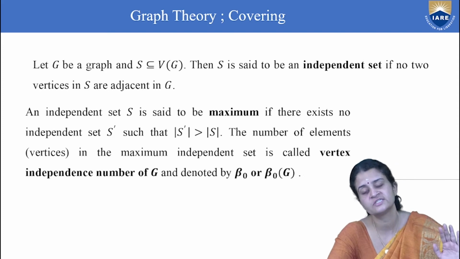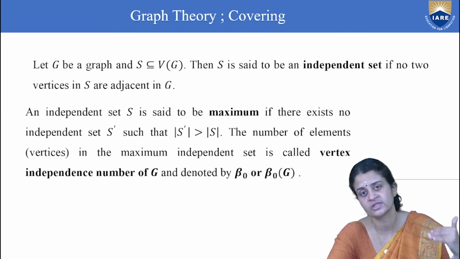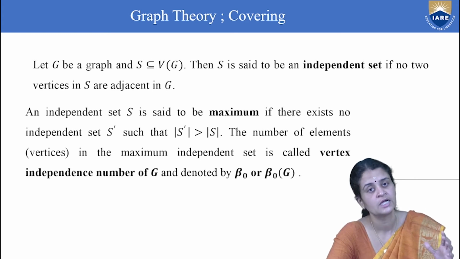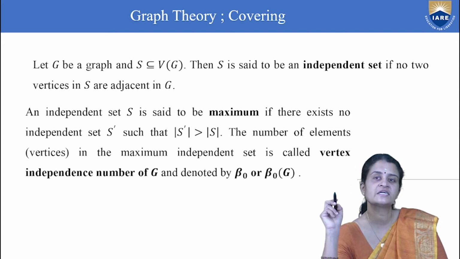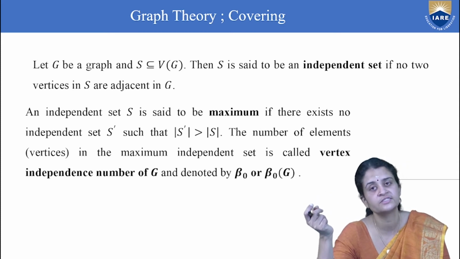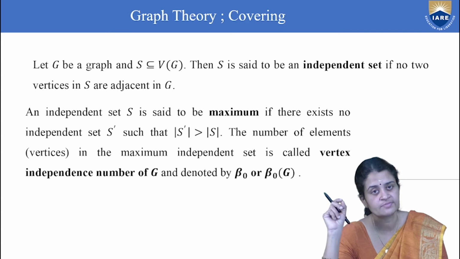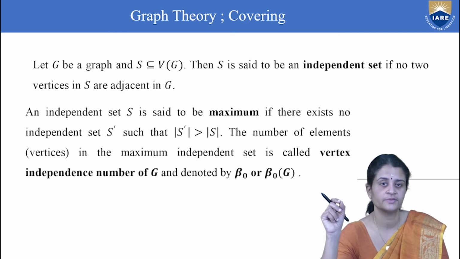When considering other graphs G1, G2, etc., to specify which graph we are considering, we write beta naught of G. So the independence number is the number of elements in the maximum independent set.